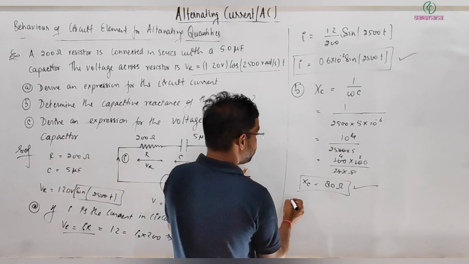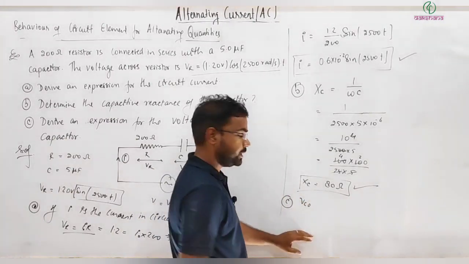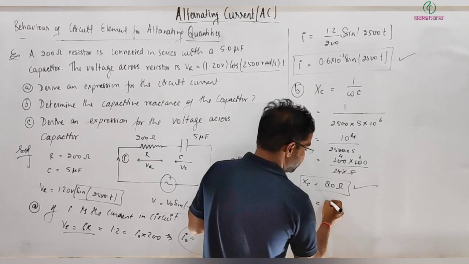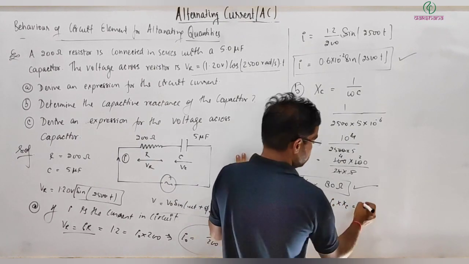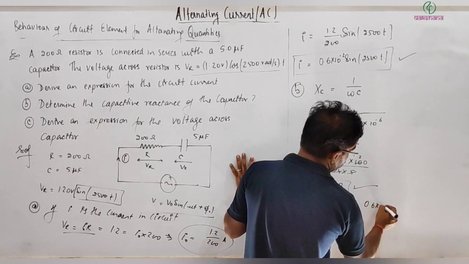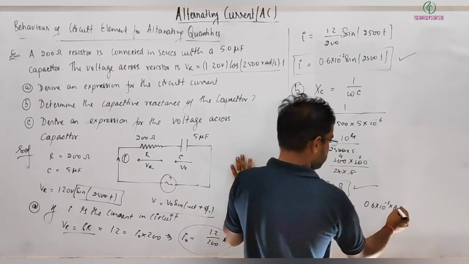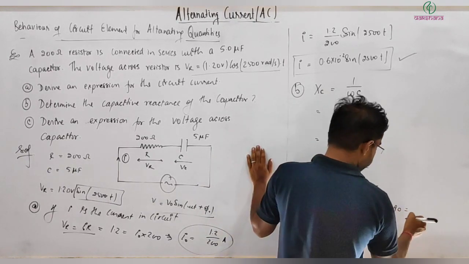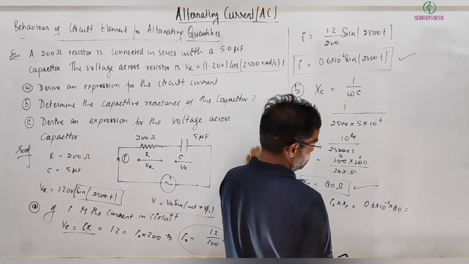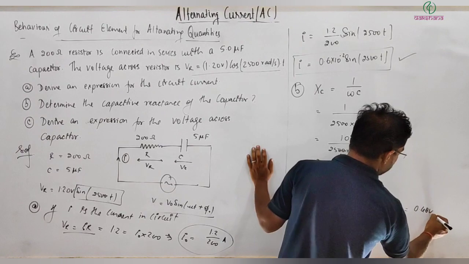So first I need to find the peak value. Vc naught means the peak voltage across the capacitor. That is given by I naught multiplied by Xc, and I naught is 0.6 multiplied by 10 raised to power minus 2, into 80, and this comes out to be 0.48 volt.